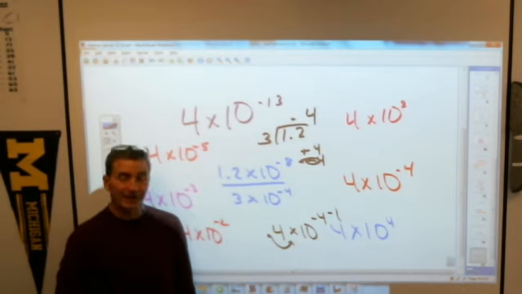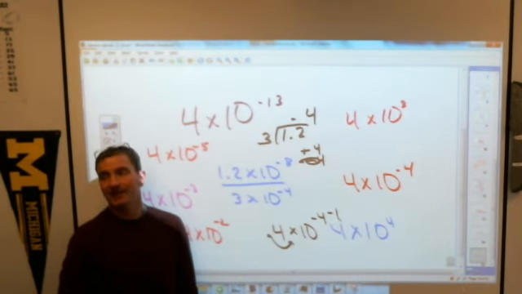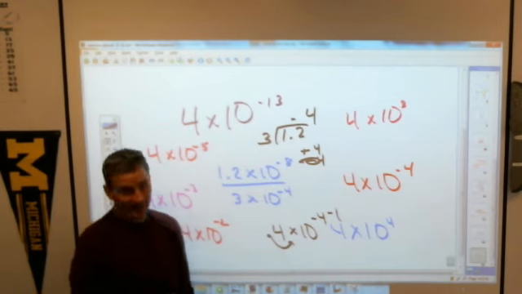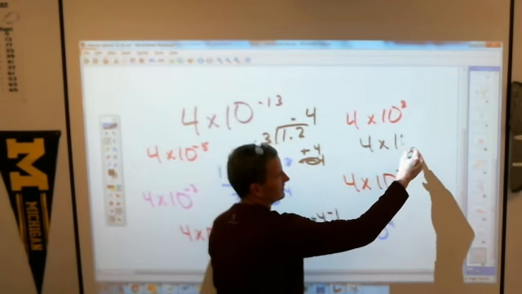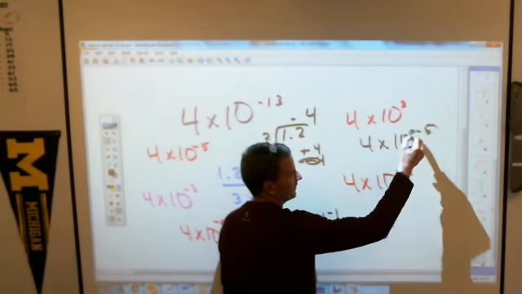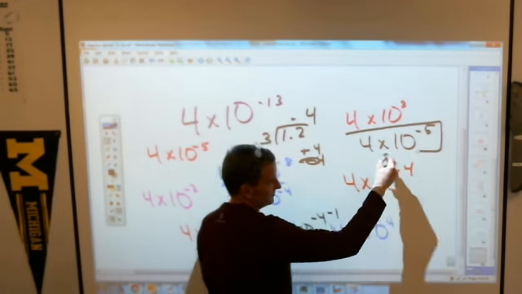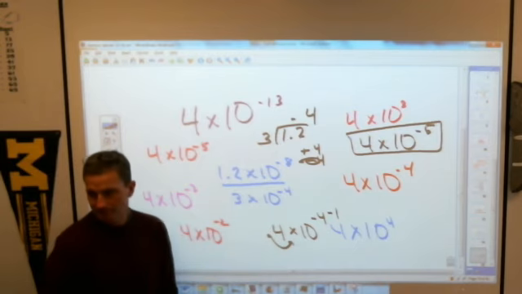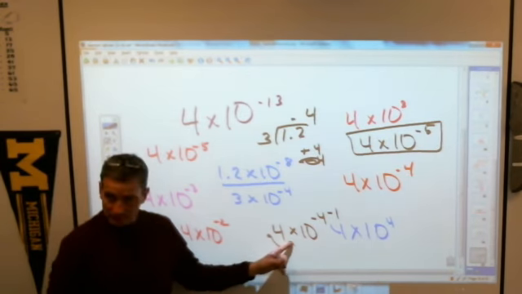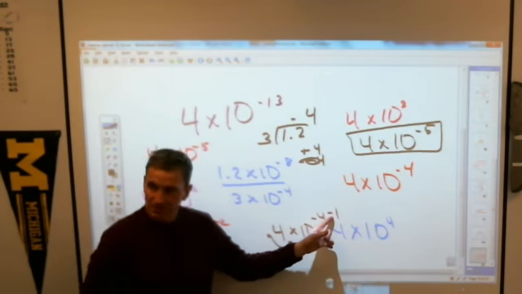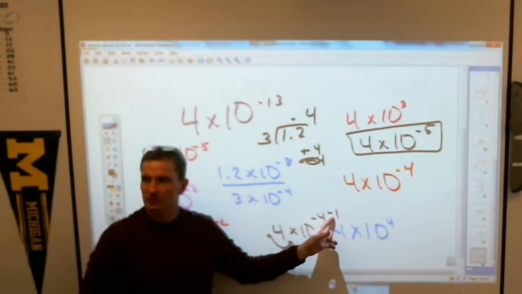A negative 4 and a negative 1 is a negative 5. 10 to the negative 5th power. I made this one bigger. Opposites balancing out, you make this one smaller.